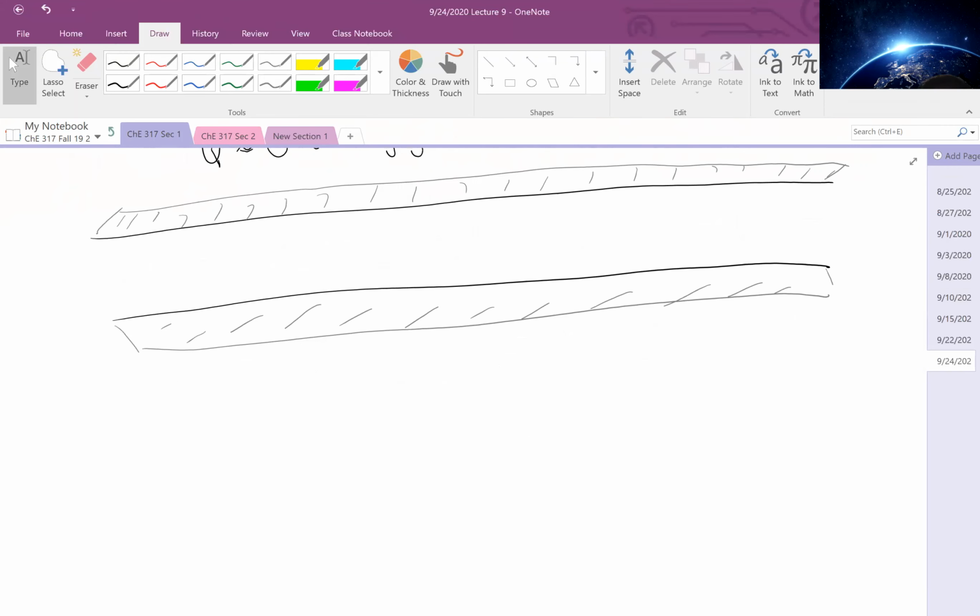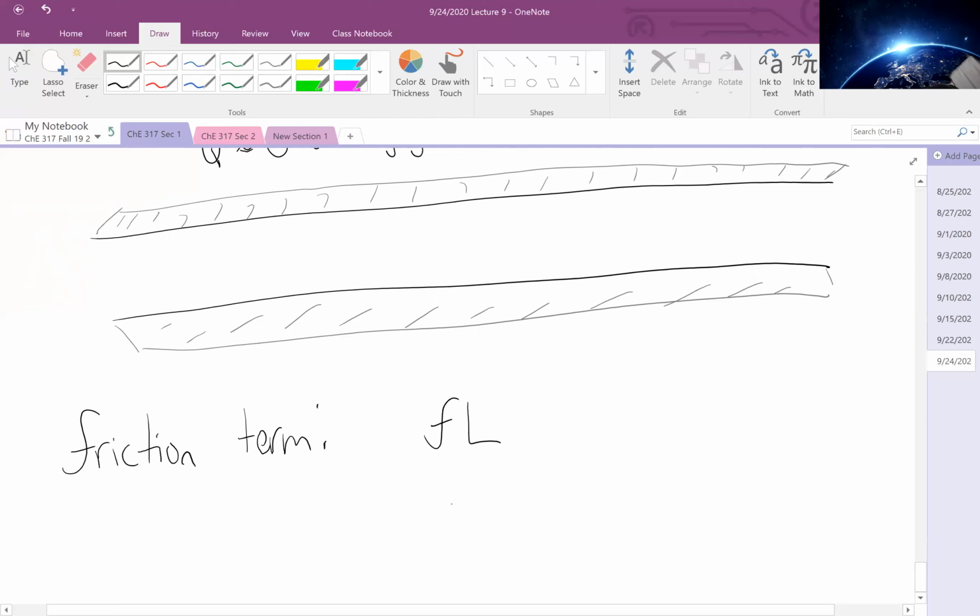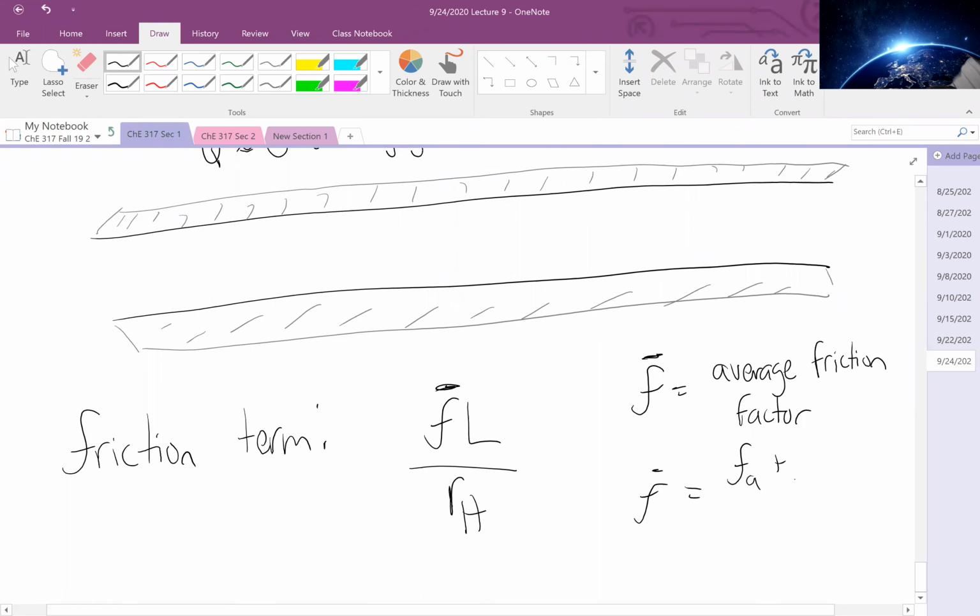And so for compressible flow, the frictional term takes a form that looks like F bar times L over R_H, where F bar is our average or arithmetic mean friction factor, where if I'm looking at point A and point B, I consider the friction factor at the inlet and outlet of my system, and then I take their average.